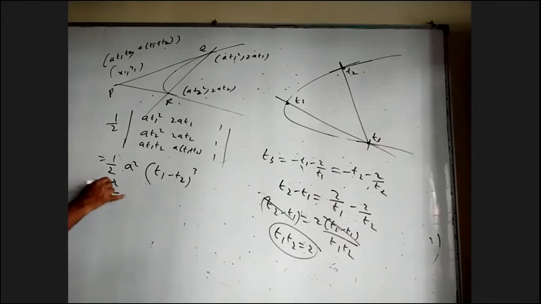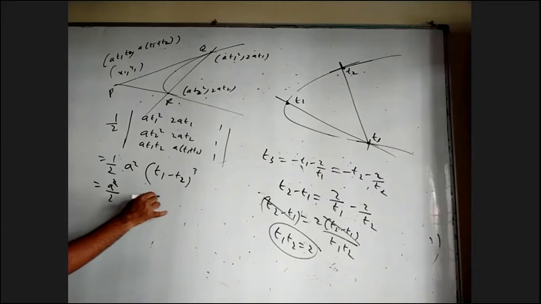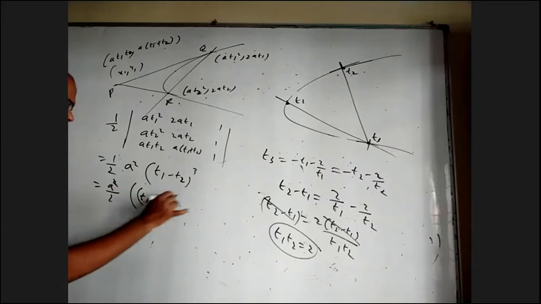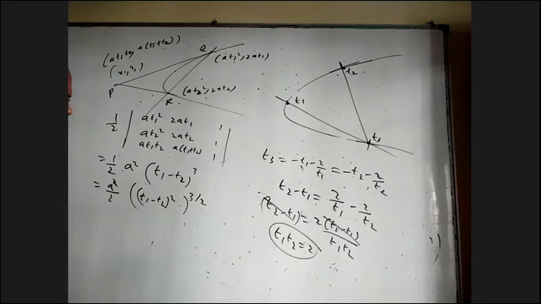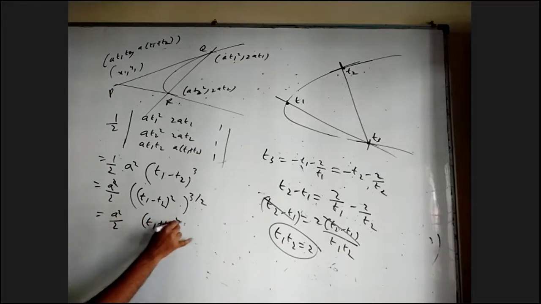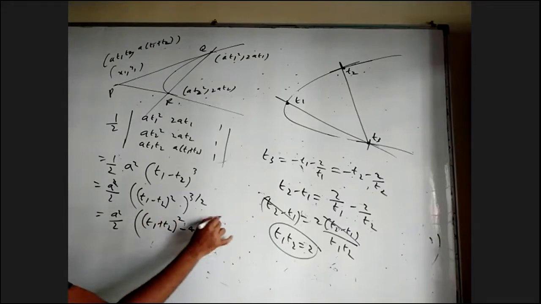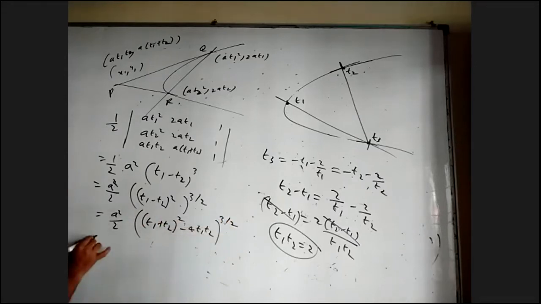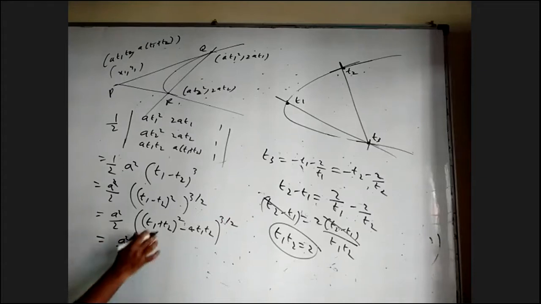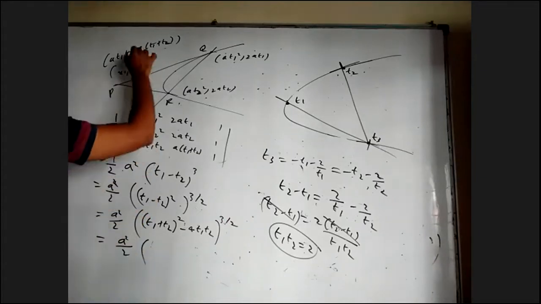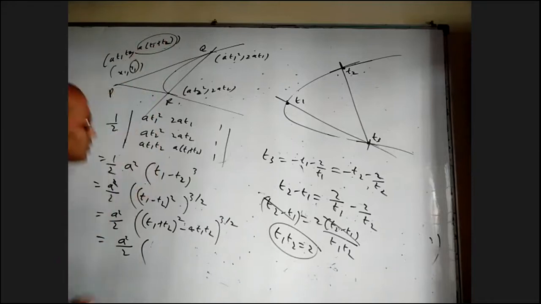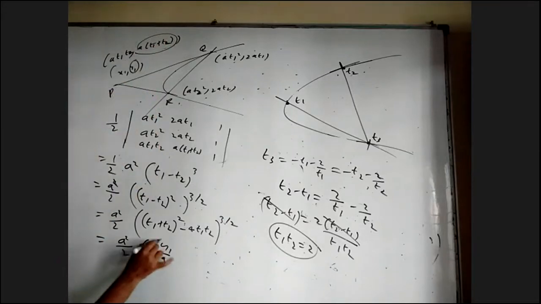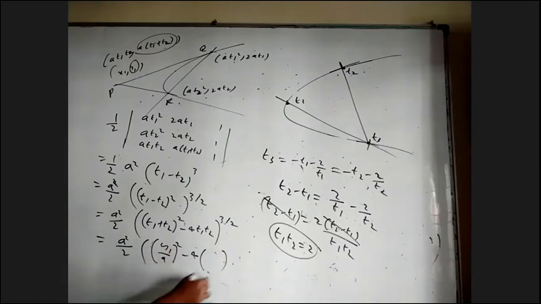So a square by 2 into T1 minus T2 whole cube. This T1 minus T2 whole cube can be written as T1 minus T2 whole square whole power 3 by 2. That can be written as T1 plus T2 whole square minus 4 T1 T2 whole power 3 by 2, times a square by 2. When I equate a T1 plus T2 to y1, I can write T1 plus T2 as y1 by a.